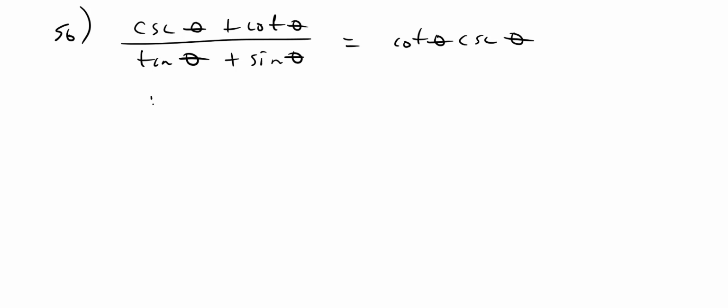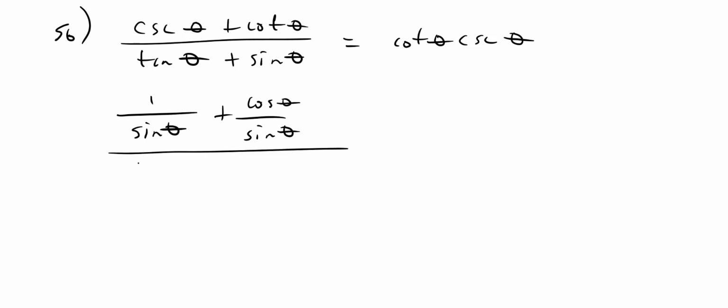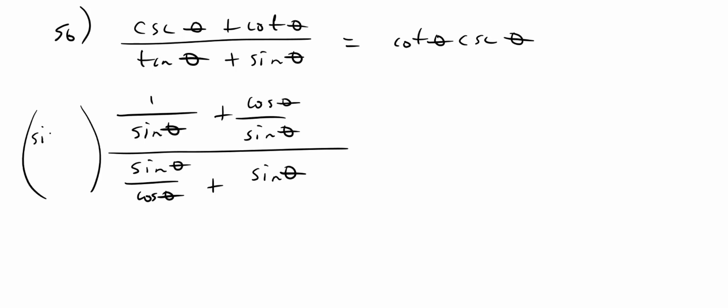All right, so I get 1 over sine of theta plus cosine theta over sine theta, divided by sine theta over cosine theta plus sine of theta. So I would get my common denominator, which is sine cosine. So I'm going to multiply this whole thing by sine theta cosine theta over sine theta cosine theta.